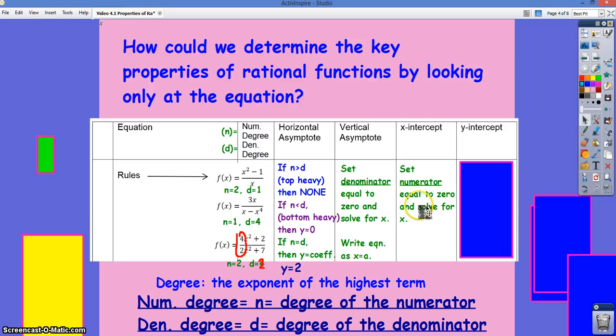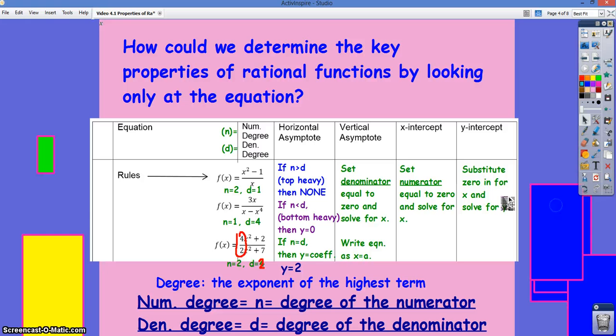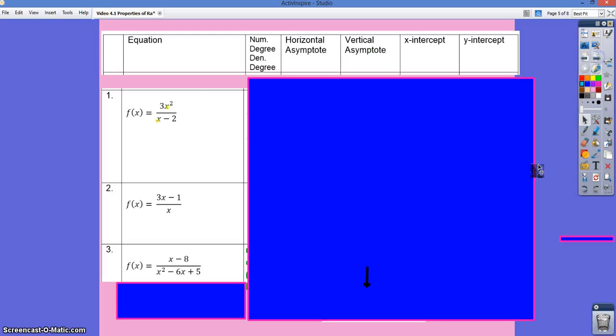We do that because setting the numerator equal to 0 will make our y equal to 0. Y-intercept, wherever you see an x, you're going to substitute in a 0. So substitute 0 in for x, wherever you see an x, and then we're going to solve for y. Go ahead and pause the video, copy what you need to, and let's look at some examples.